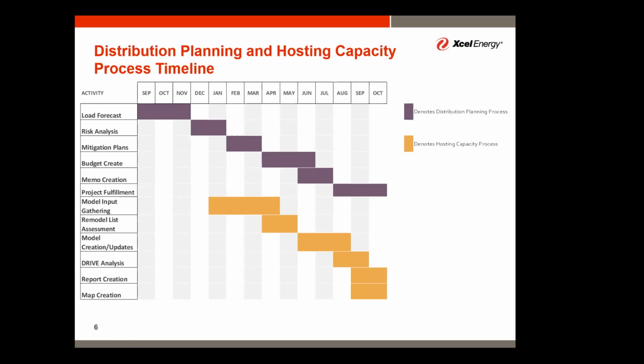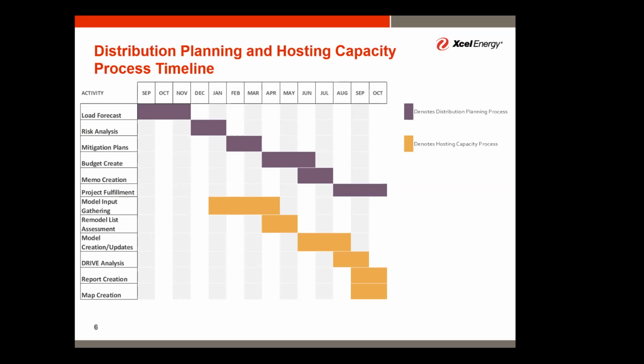In the distribution planning cycle, the mitigation plans are scored based on their cost, and a budget is created to enact those plans. Memos are created to fully kick off any projects, whether they're capacity or otherwise. And then the projects will begin to have work done on them, where planners will be in a supporting role in that.